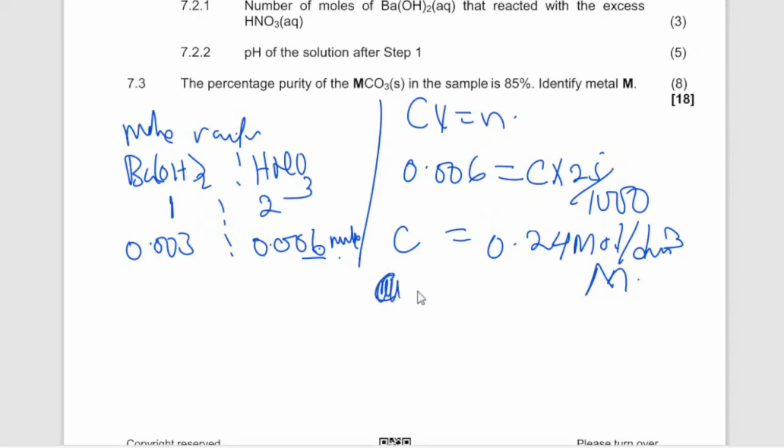Now you need to take note of this before you go for this concentration. If this nitric acid was a diprotic acid, I would have multiplied the number of moles by 2. But because it is a monoprotic acid, the number of moles of nitric acid will be equal to the number of hydrogen ions which are being produced.